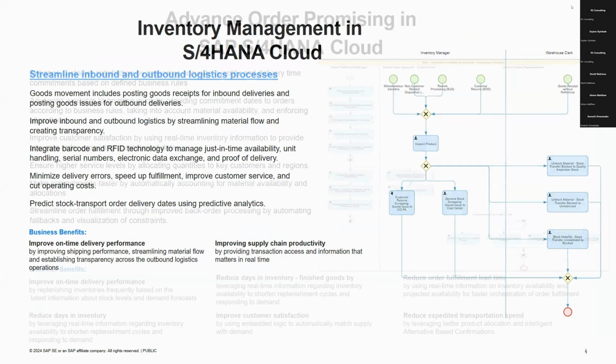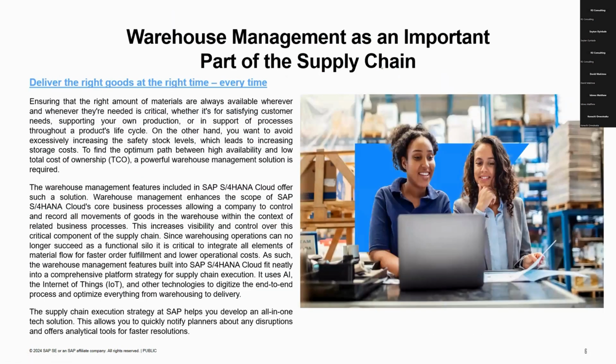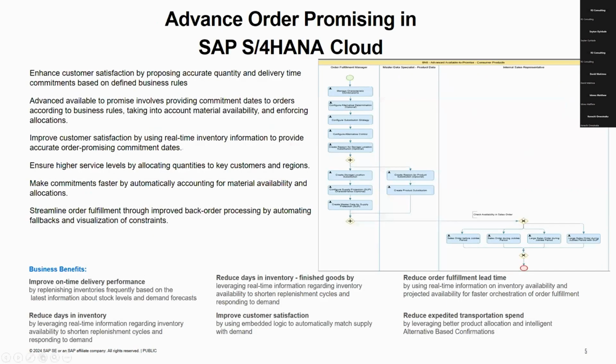Also in S/4HANA, we have what we call advanced order promising in S/4HANA Cloud, where you enhance customer satisfaction by proposing accurate quantity and delivery time commitments based on defined business rules.